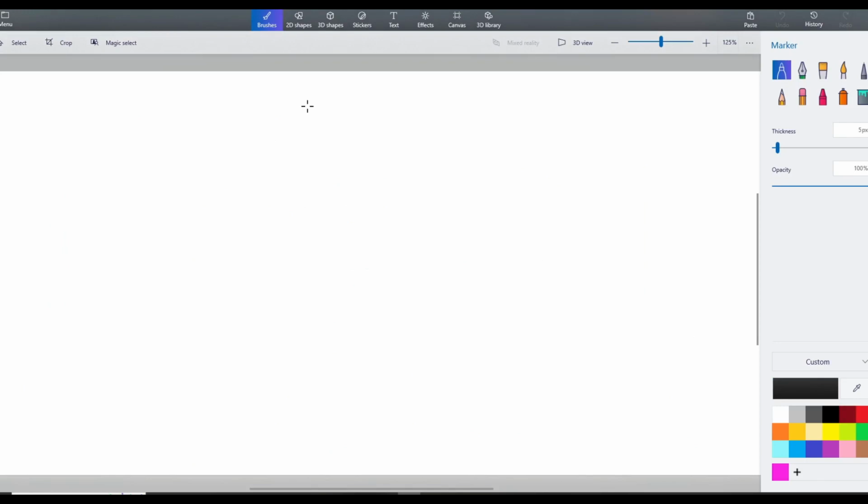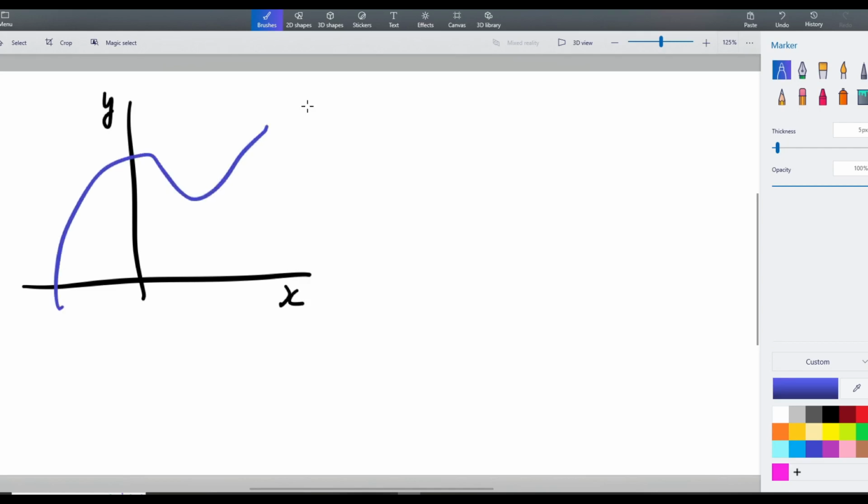So obviously we have the x and y axes, and then the function is doing something, I'm not even sure what it's doing. And then at -1, there's a line that's tangent to it at that point, and it goes up.